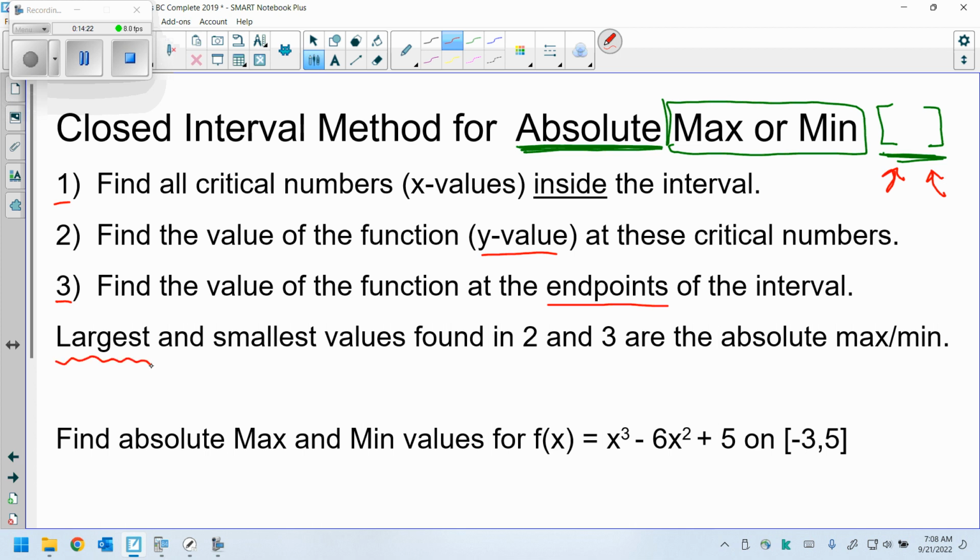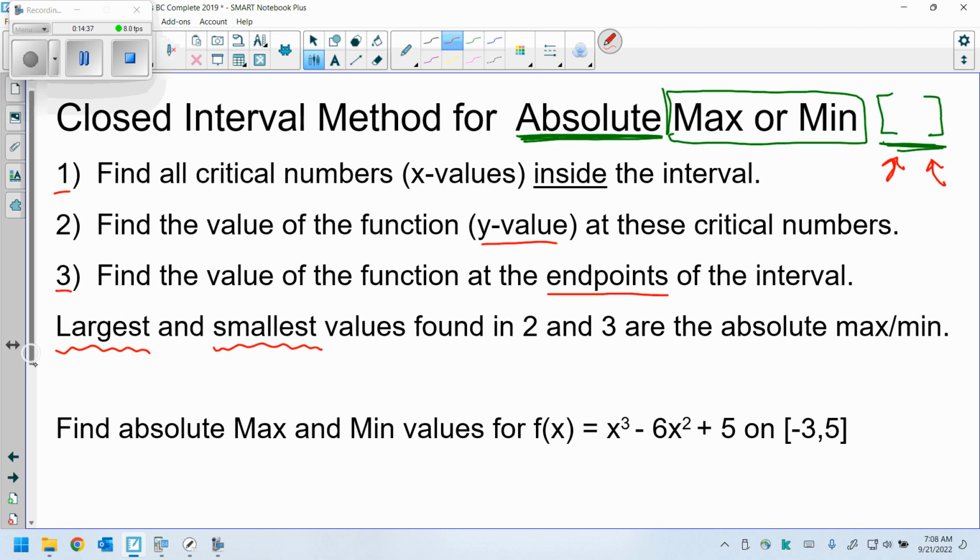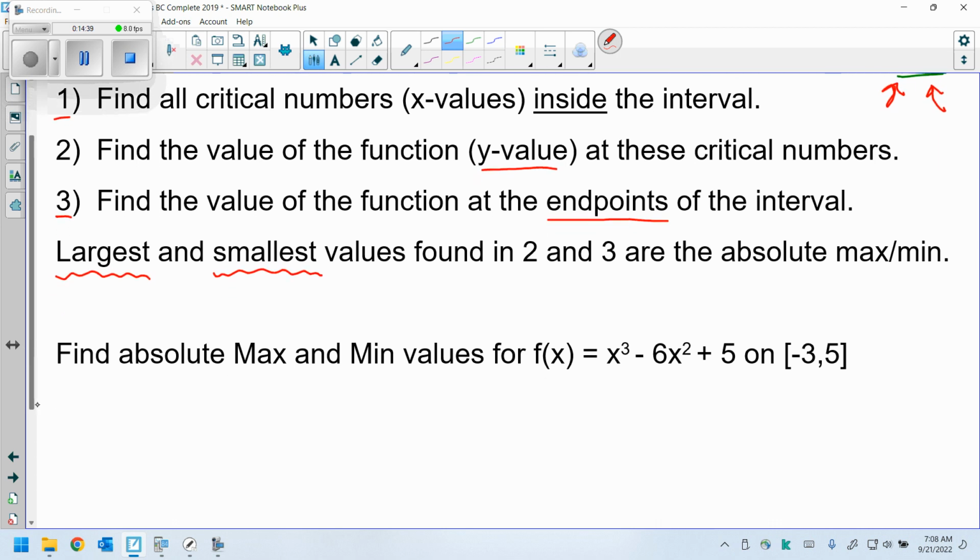And the smallest y value that we found among these things in steps 2 and 3, those are going to be the absolute max, absolute min. So let's put that into practice here. Find the absolute max, absolute min values for this function right here.